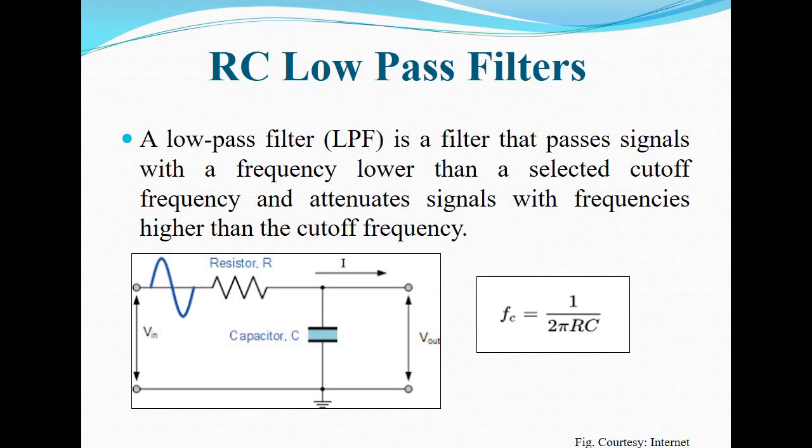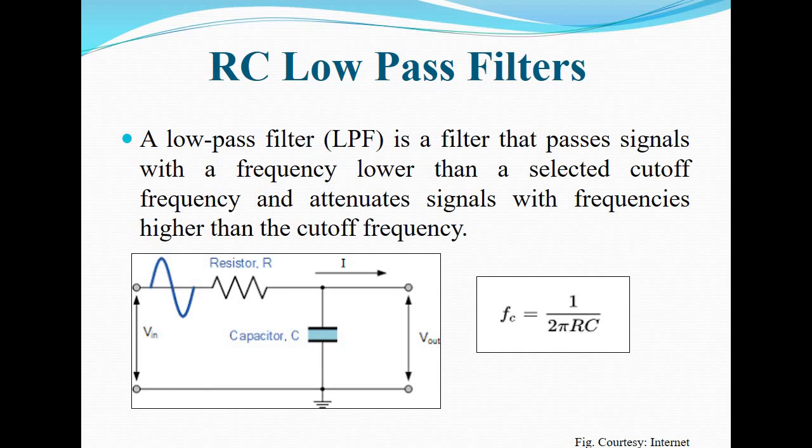Low pass filters are also called lag network because it causes a phase lag in the output signal. This is why it is called a lag network. This type of filter is also called integrating network. So these are the two names for this low pass filter.